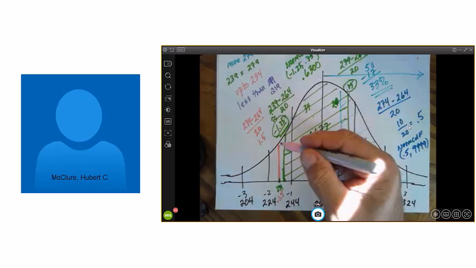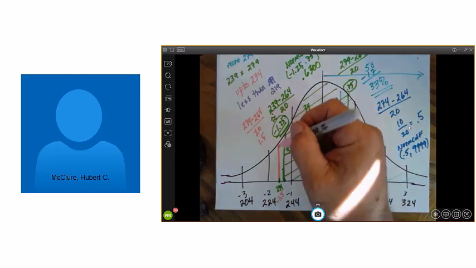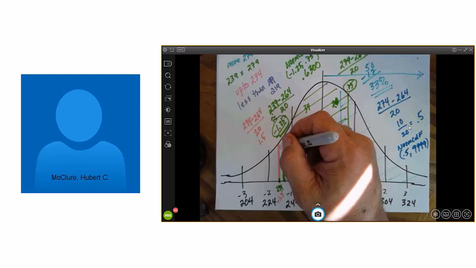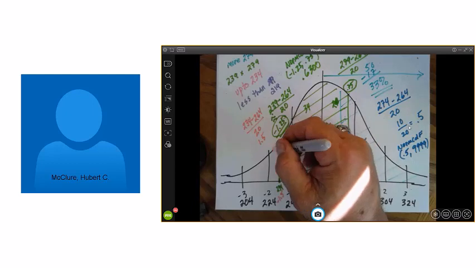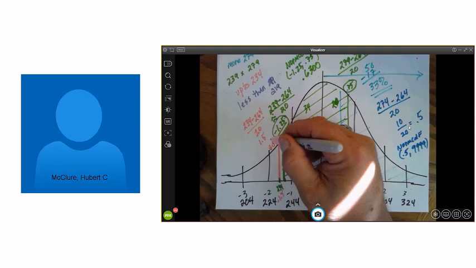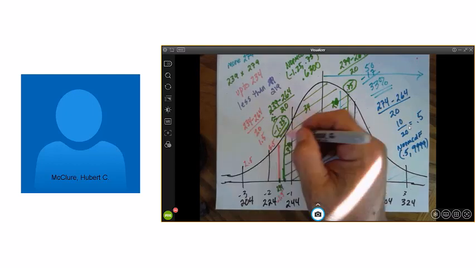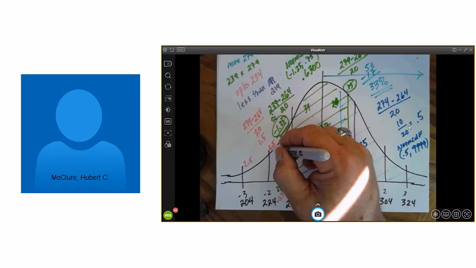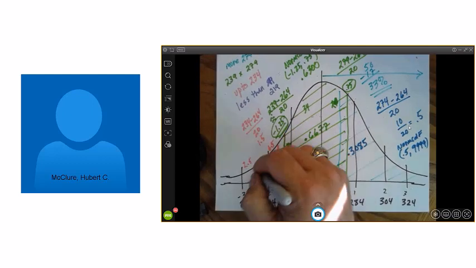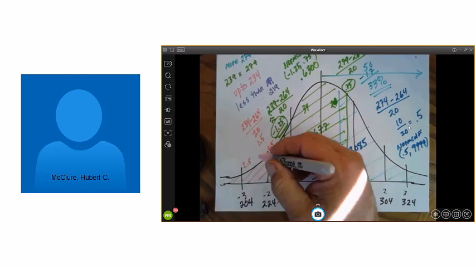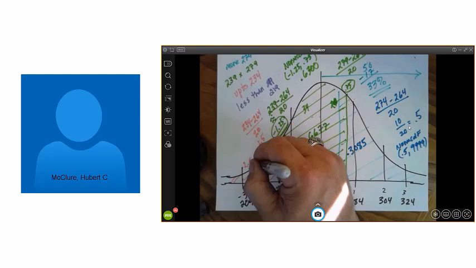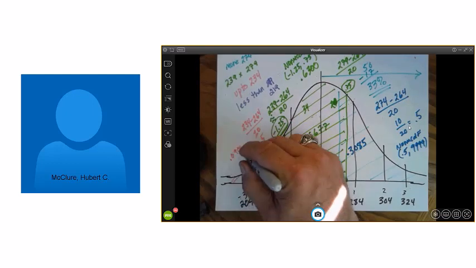So I'm going to say half of 13.5 is 6.75. Okay, so I'm going to say 6.5, and 2.5 is, I'm going to say this area right here is around 0.0900.